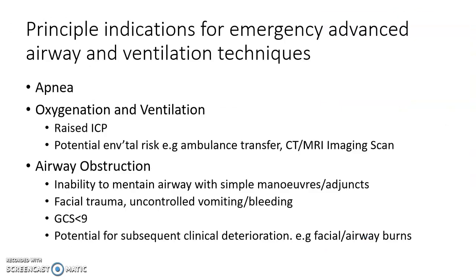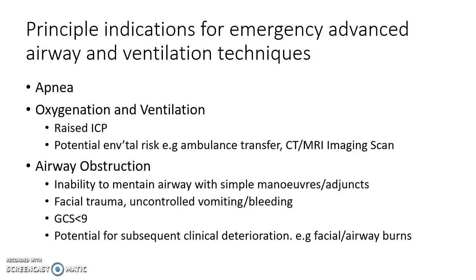So, principal indications for emergency advanced airway and ventilation techniques. When the patient has apnea, oxygenation and ventilation problems, or when there is raised ICP, these are indications for emergency advanced airway. Also potential environmental risks, especially in ambulance transfer of patients for CT scan imaging.